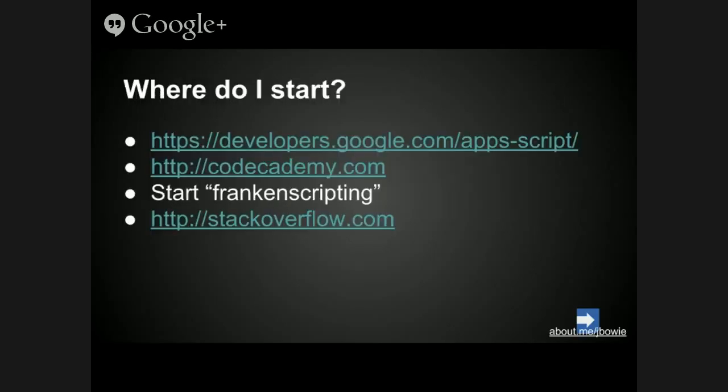Trust me. So where do I start? I've given you some resources here. The Google Apps Script documentation, developers.google.com apps-script. That's all of the documentation. And if you look on the left-hand side of that page, it says classes. So it'll say Drive app, spreadsheet app, Gmail app, all of those different things that you can do.